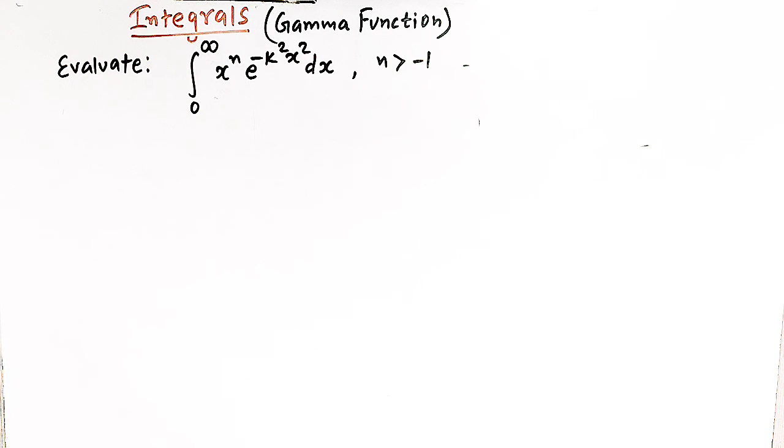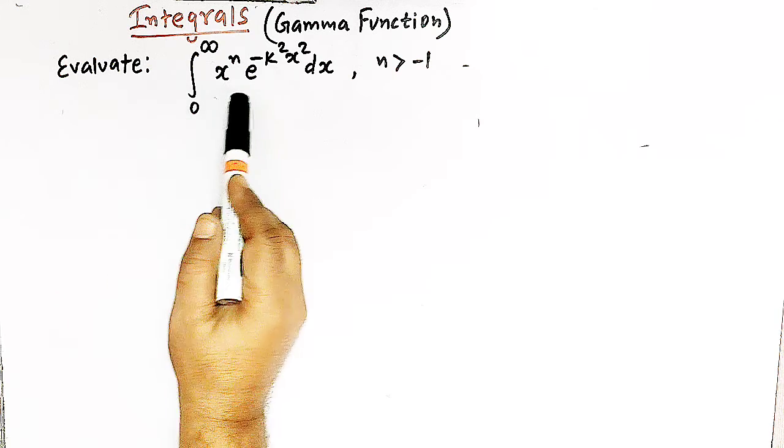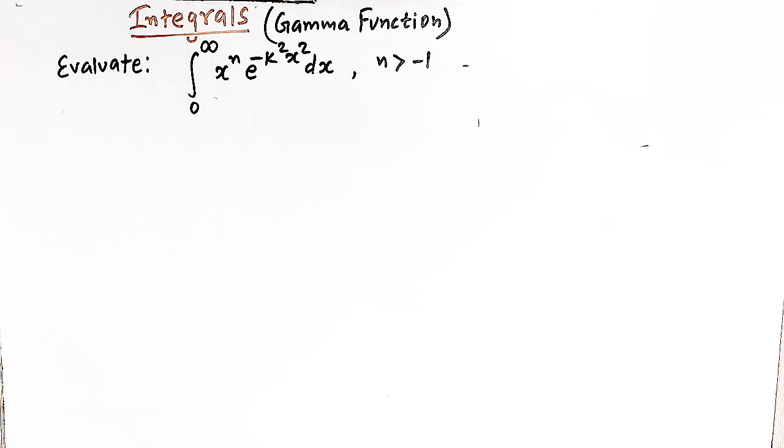Hello viewers, in today's session we are going to discuss another important problem from integration, and here we are going to evaluate this integral with the help of the concept of gamma function.